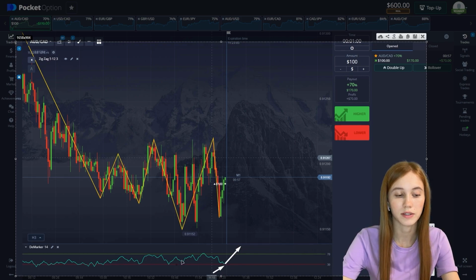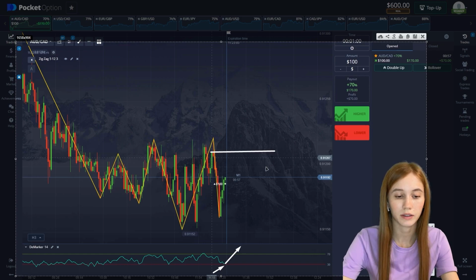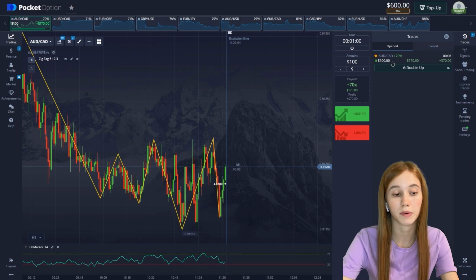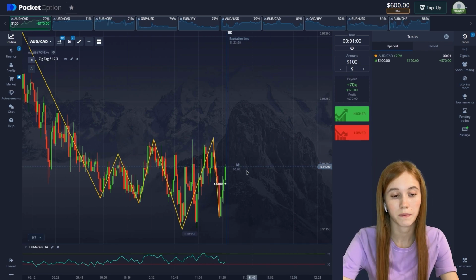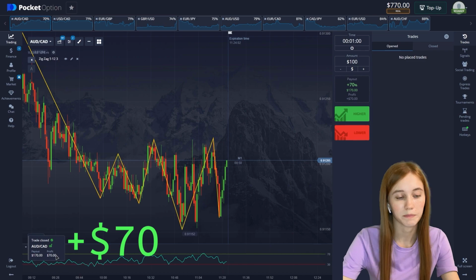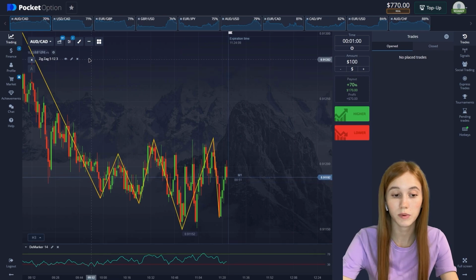We can also identify resistance levels approximately here. We can highlight them by zigzag, but this is a more general picture. Here we will highlight resistance and support levels, so we will now move towards the resistance level, perhaps with minor adjustments. Let's watch the situation. Two seconds, and yes, profit is $70. Pretty good. At the moment, the balance is $770, and let's move on to the next currency pair.